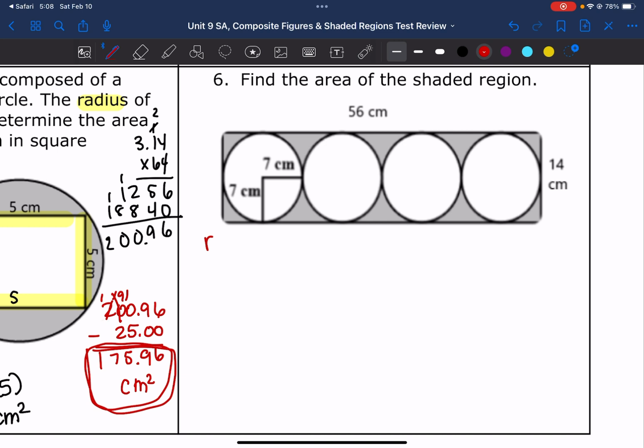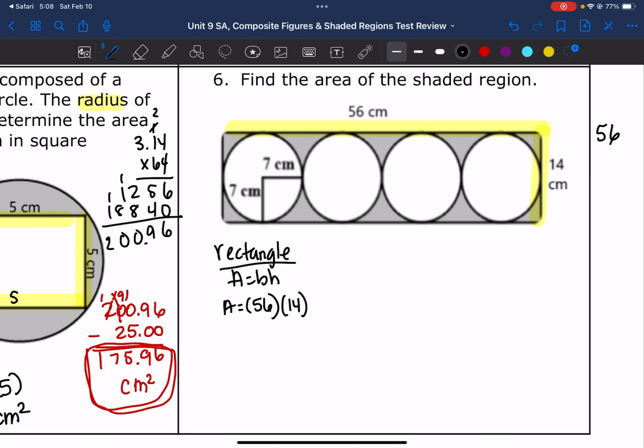You have a rectangle, okay? That rectangle's formula is going to be area equals base times height. Now, if I look at the rectangle, I see that it's 56 by 14. Those are the 2 numbers that I'm going to multiply. So 56 times 14, okay?